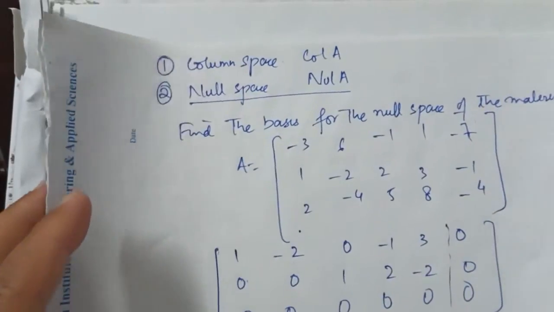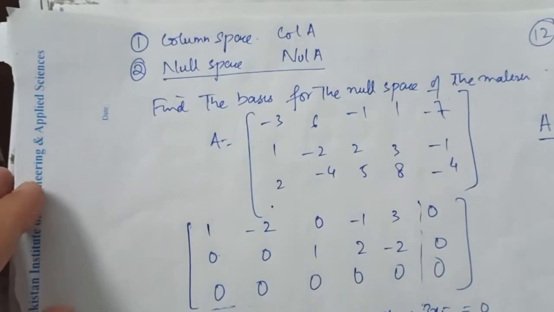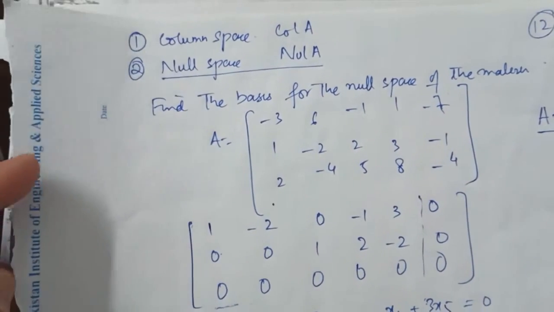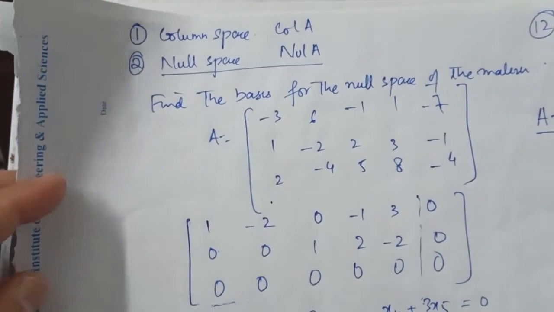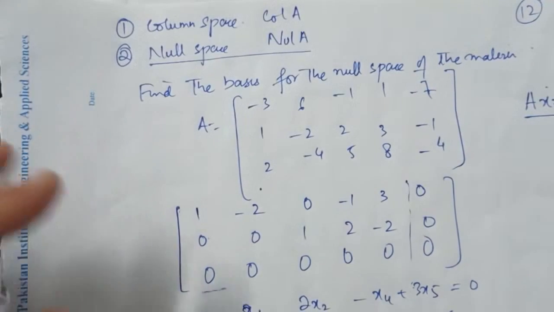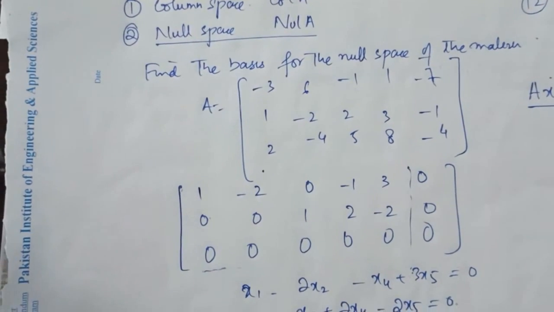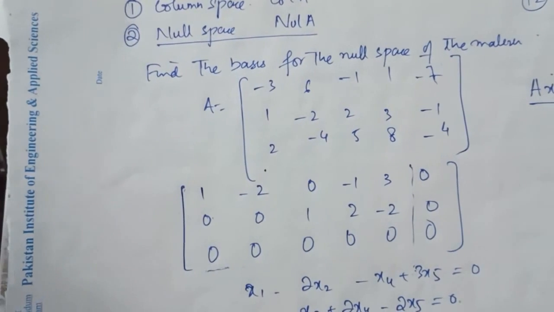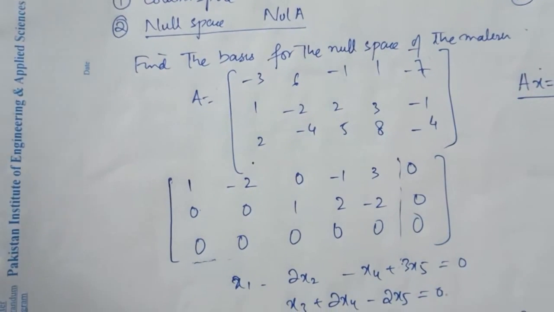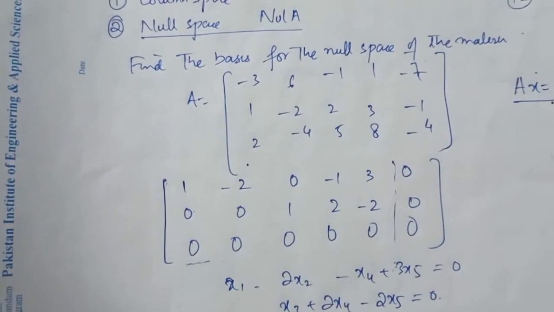now let's relate what we have just discussed to an example that we did previously. If you remember, when we were discussing the null space of A, we were asked to find the basis of the null space of the matrix.